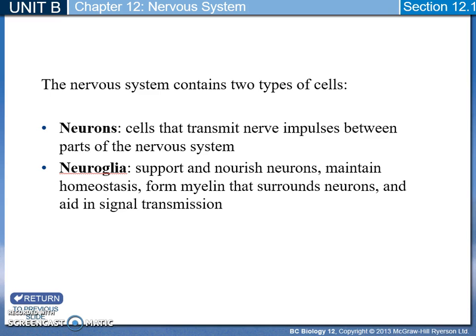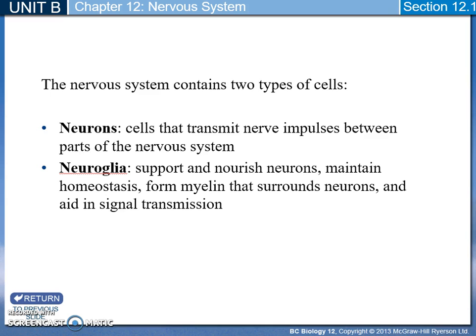So the nervous system contains two types of cells. First, we have the neurons that actually transmit the nerve impulses between parts of the nervous system. And then we have neuroglia as well. Now, these are cells that provide a supportive and a nourishing kind of role for the neurons.